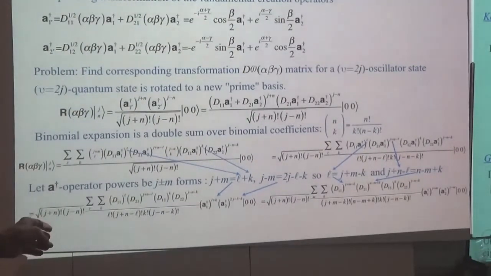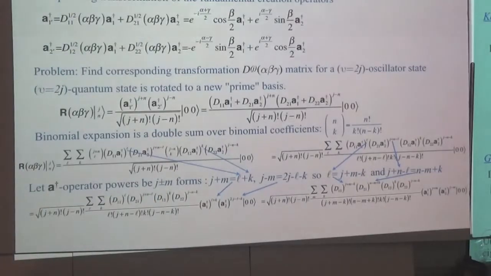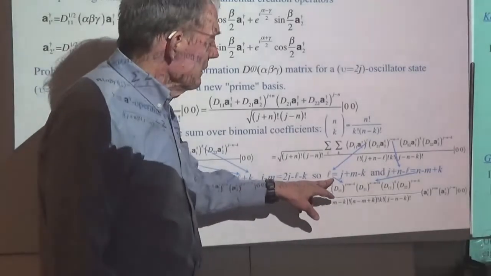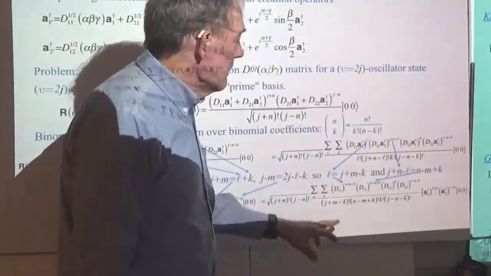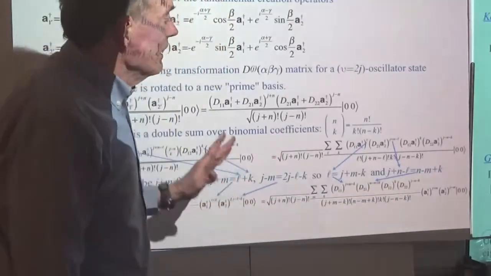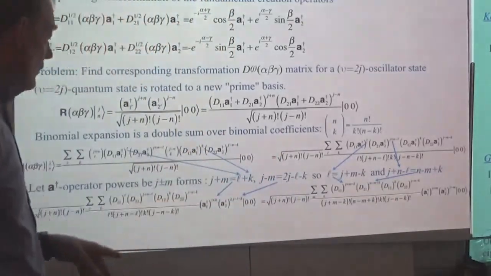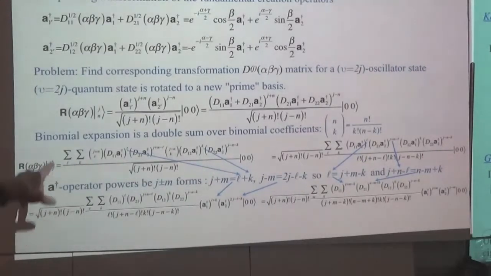So you end up with the J plus and minus M power. And so finally, solving for the indices that I have here and replacing them, I have just J's and M and N, which are the quantum numbers that we're going to be using for this particular D matrix that's going to come out of this.